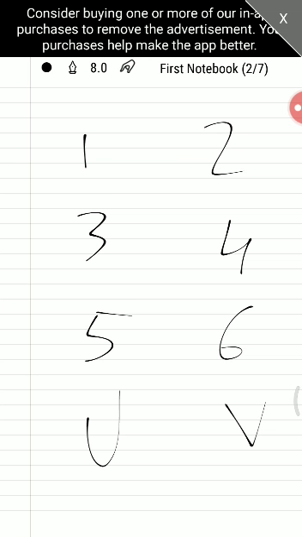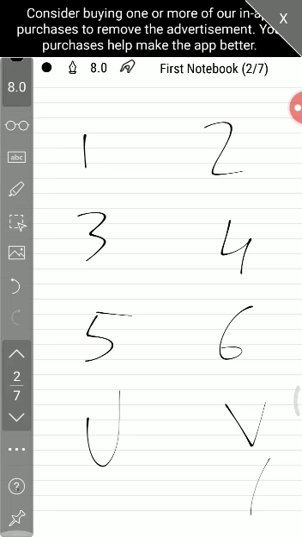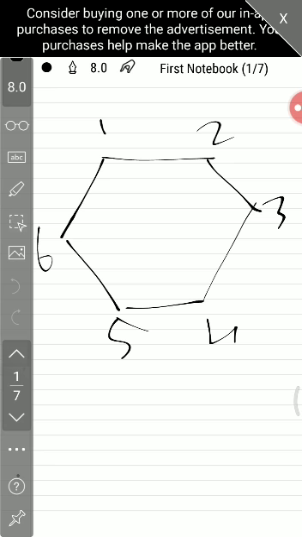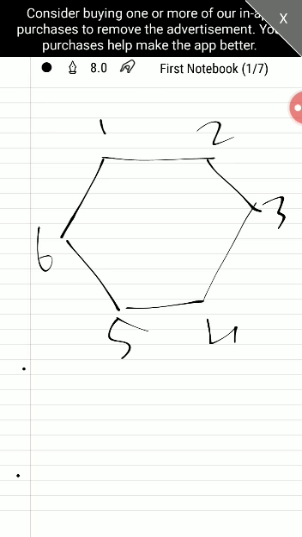And you can see there is no edge between 1 and 3, and there is no edge between 3 and 6.